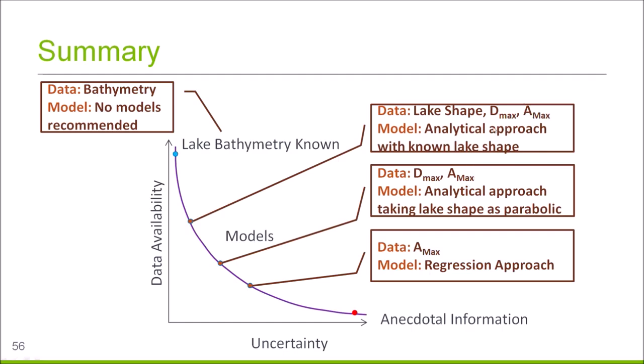And when you don't have lake shape information, you can assume that a lake is parabolic, then you can increase the uncertainty, but at the same time we don't have that much data available. Now when you have no options or no data is available, you can definitely get the maximum surface area from satellite images or any other photos, or even Google Earth, and then you can apply the regression approach to estimate a volume.